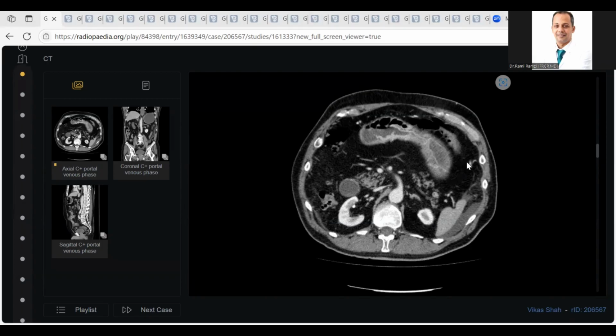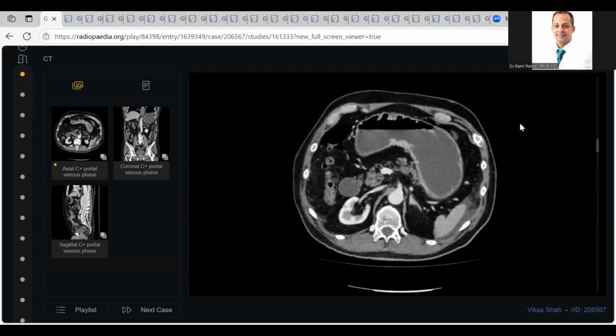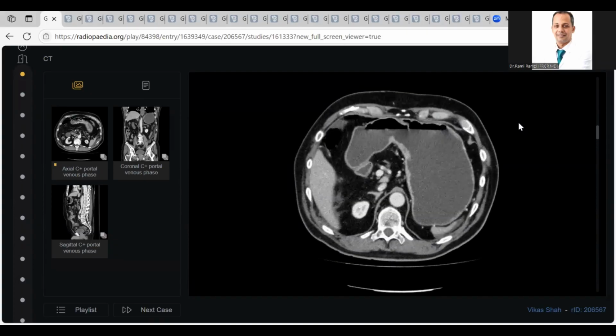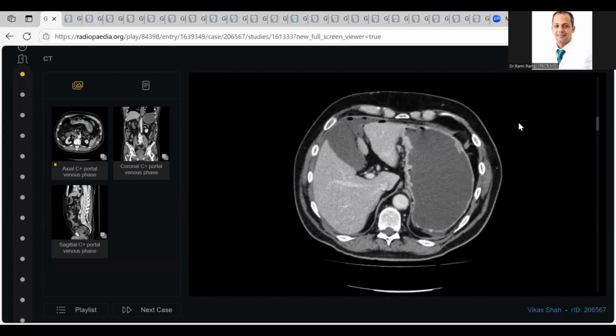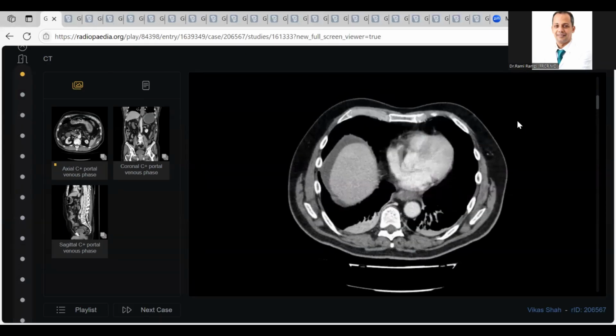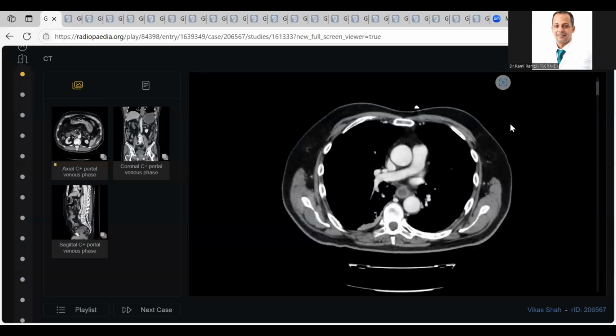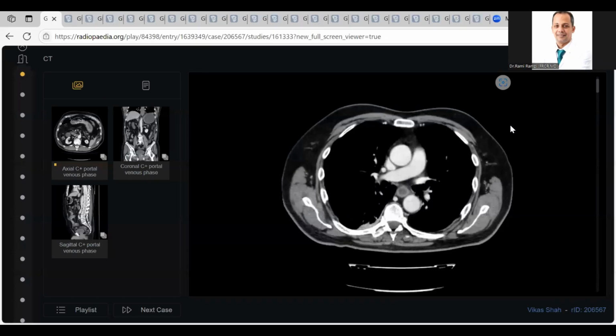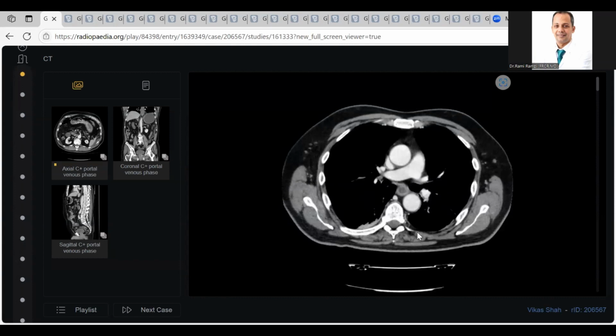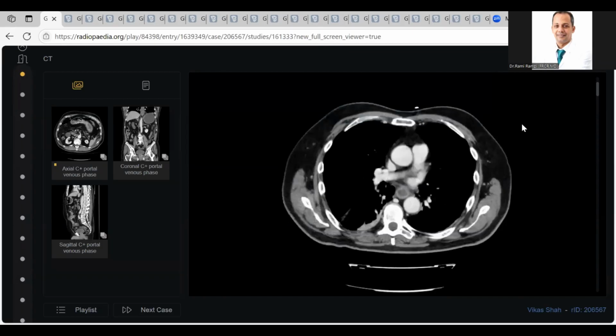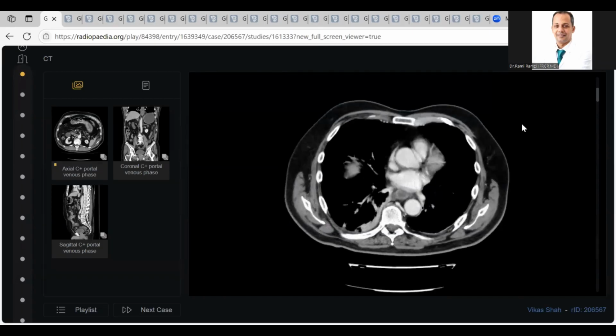This is a post-contrast axial portal venous phase CT abdomen of a patient who presented with pain abdomen. First, I will scroll through the images from top to bottom, and then I will tell what I see. In this topmost sequence, there is a mild thickening of the esophagus with some fluid material within its lumen.